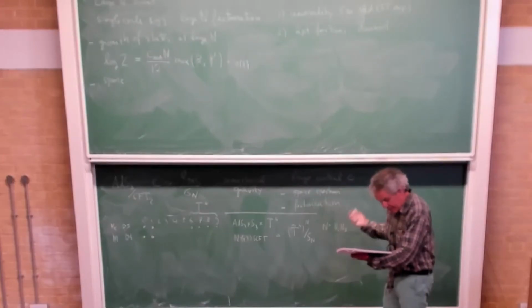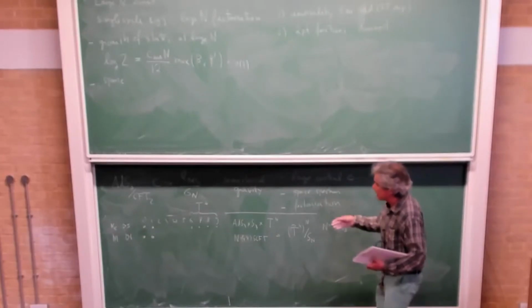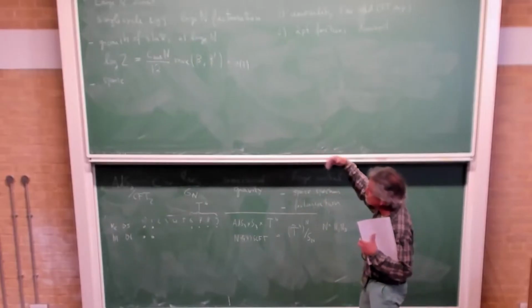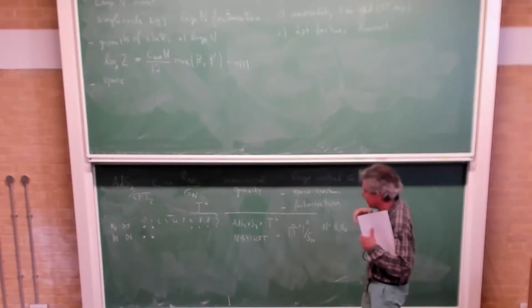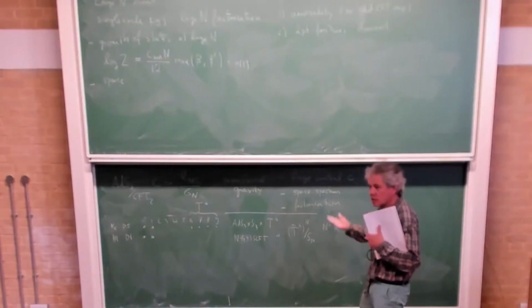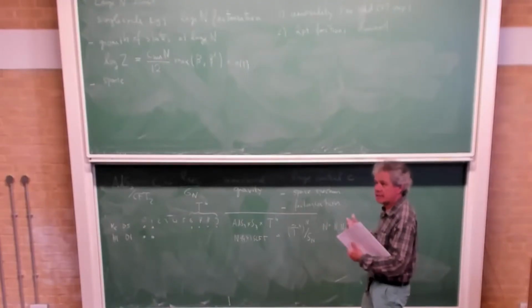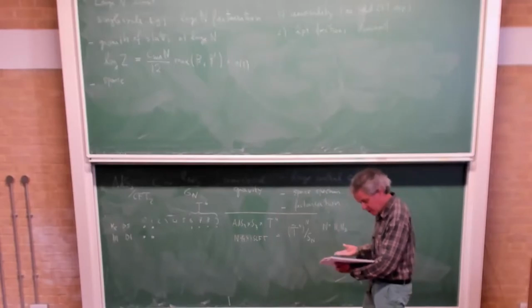If you look in more detail at the growth of the partition function, what it displays at the orbifold point is a Hagedorn growth, which means that it's really stringy.